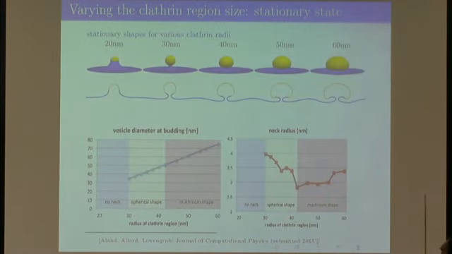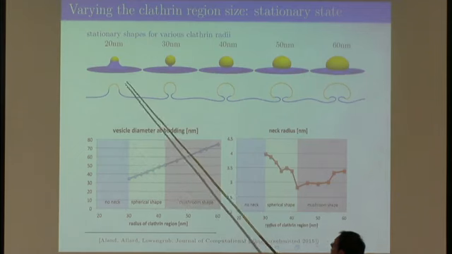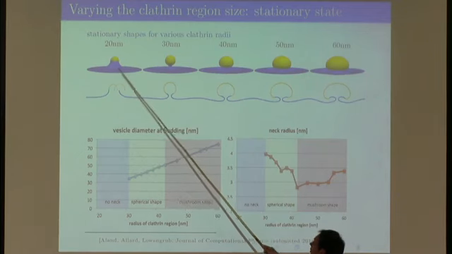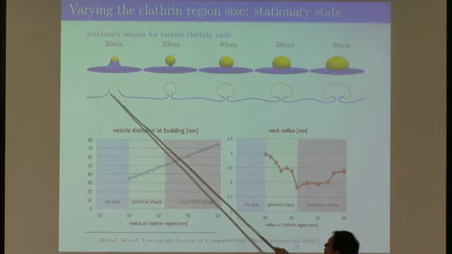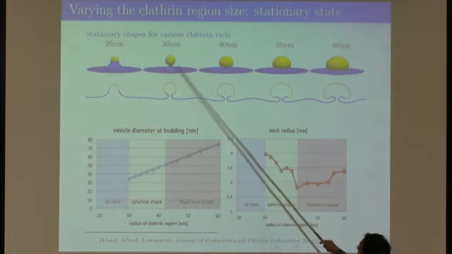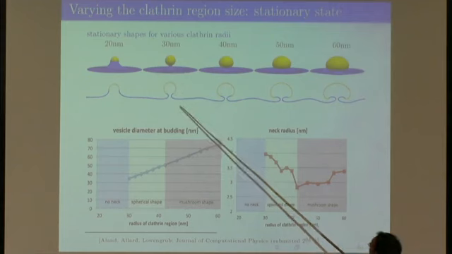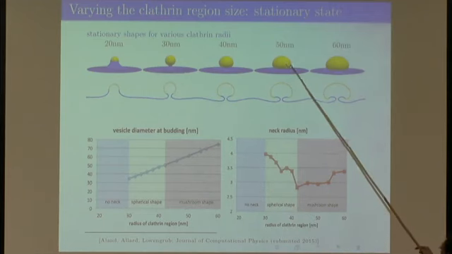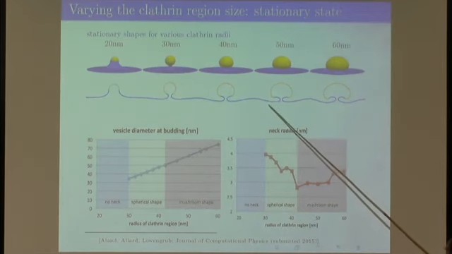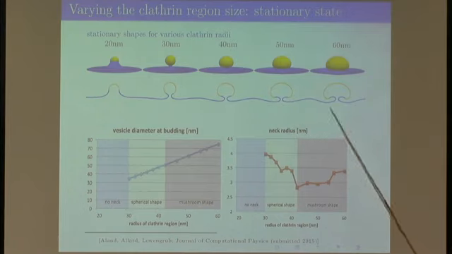Yeah. So we varied the size of this initially covered region, and if you have not enough of these clathrin molecules, you get some bending, but you don't get a vesicle. If you have more, you get a nice spherical vesicle. If you have even more of these molecules, large coverage, then you get mushroom-shaped vesicles.